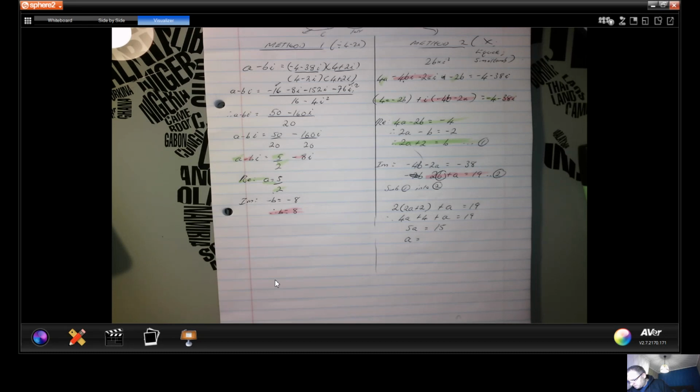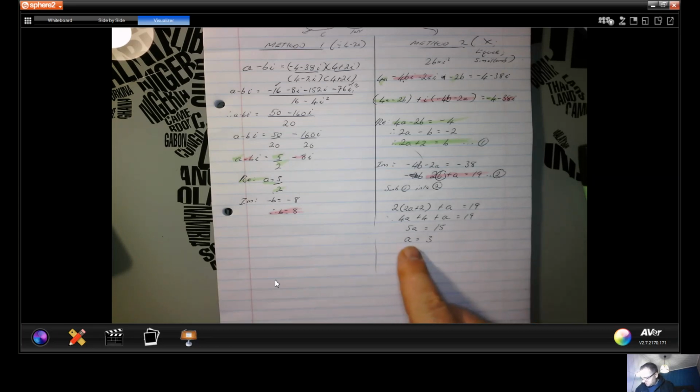So 4a minus 2b is minus 4, so 2a minus b is minus 2, so 2a plus 2 is equal to b. And the imaginary part, minus 4b minus 2a is minus 38. If I divide by minus 2, I get 2b plus a is equal to 19. And 2 times b, which is 2a plus 2, plus a is equal to 19. So 4a plus 4 plus a is equal to 19. So 5a is equal to 15. So a is equal to 3.